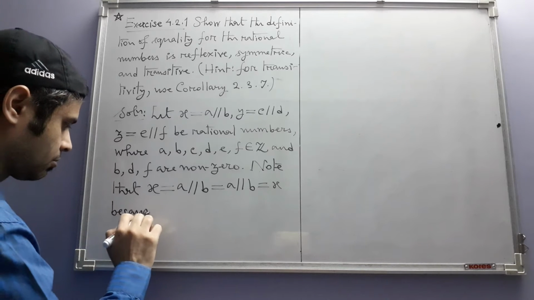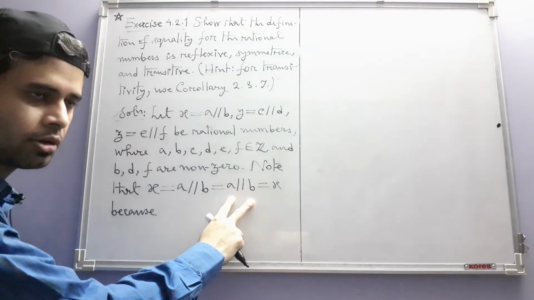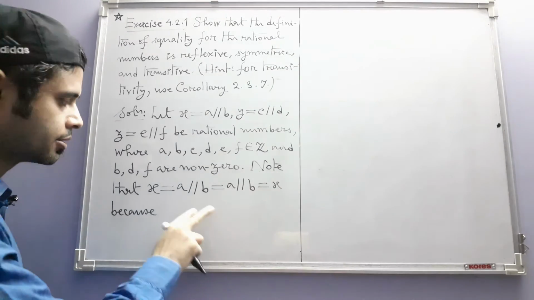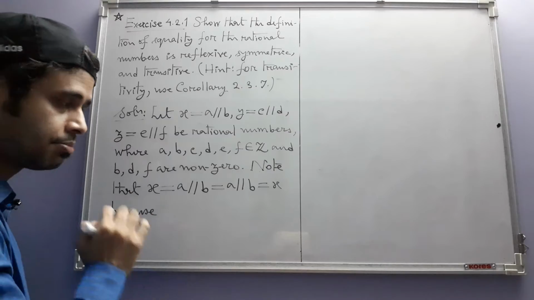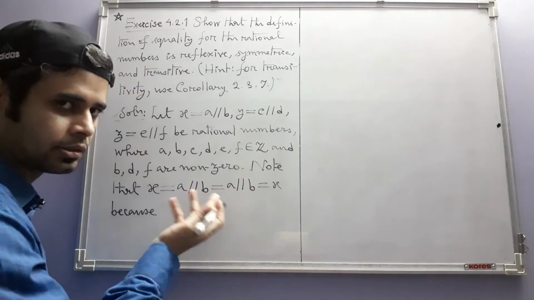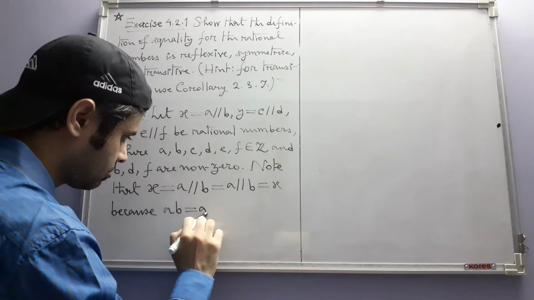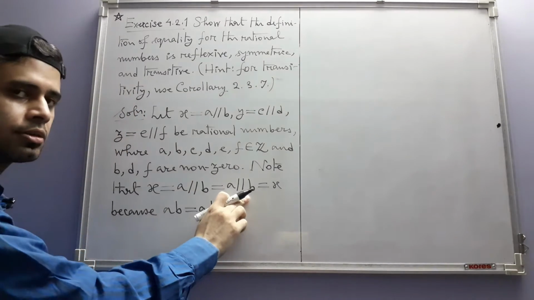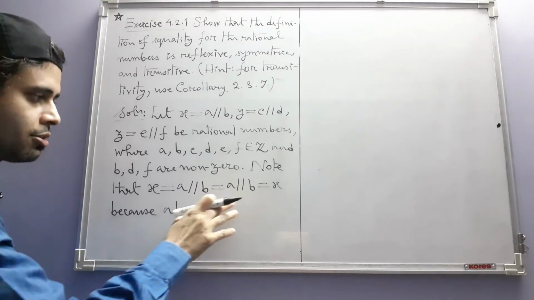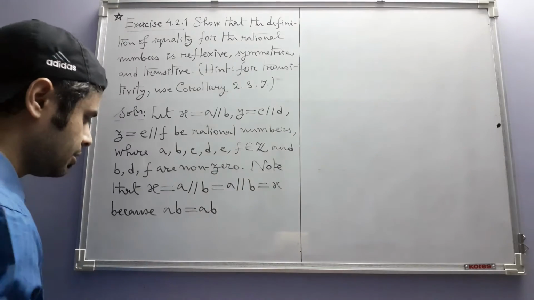Because for these two rational numbers to be equal, if we really apply the definition, do we get equality? That's the point. ab is equal to ab. Yes. And that's why these two rational numbers are equal, which also look the same, and that is nothing but x.